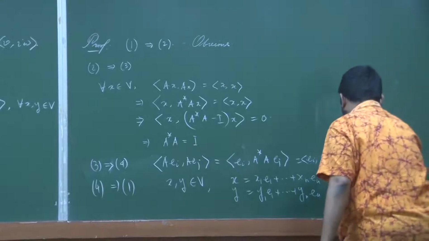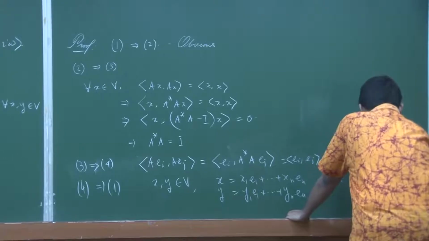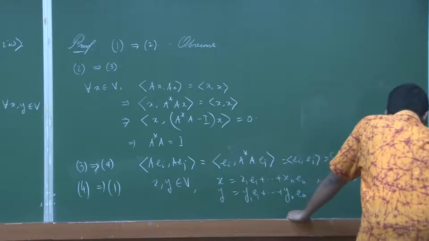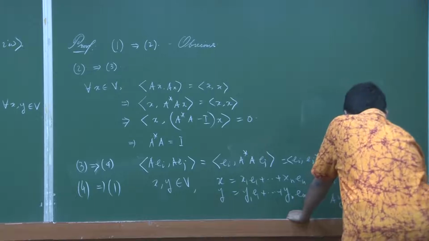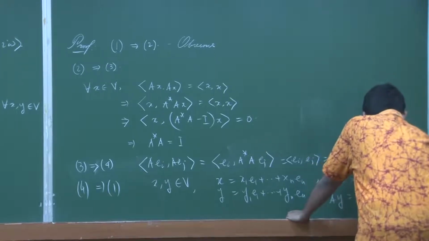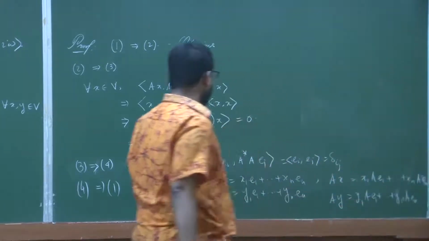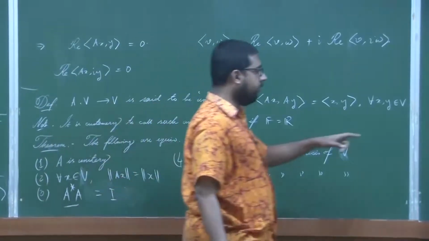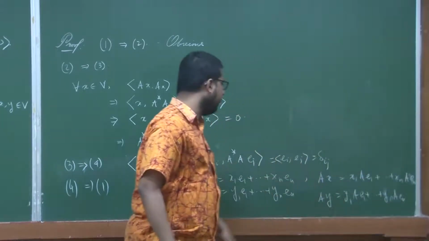So, you have A x is nothing but x 1 A E 1 plus up to x n A E n, and y is as usual. Remember, you have 4, that is, E 1 to E n is an orthonormal basis and A E 1 to A E n is also an orthonormal basis. So, whenever you have an orthonormal basis, what will be the inner product of A x and A y?